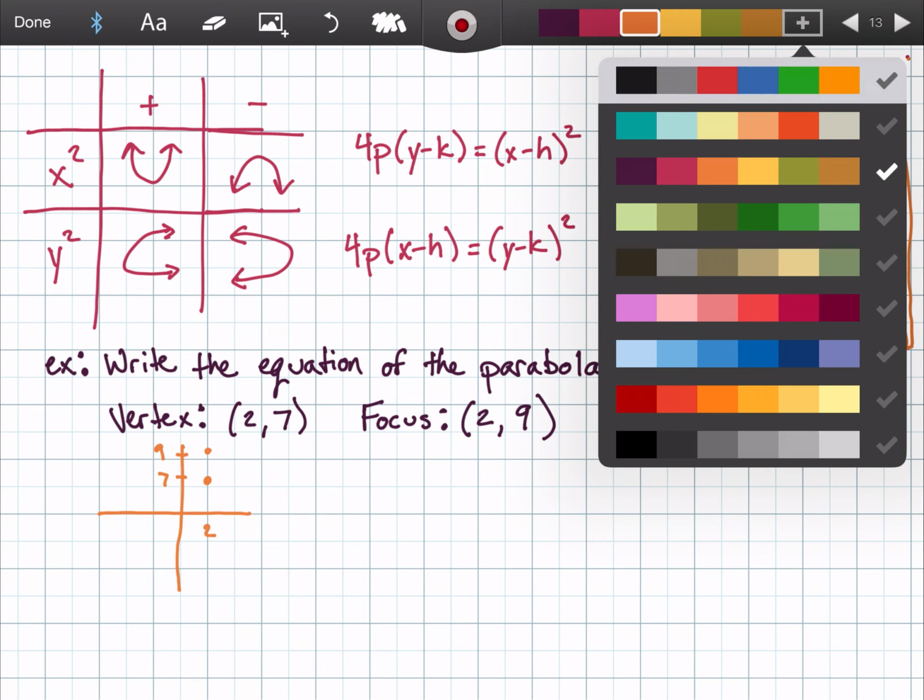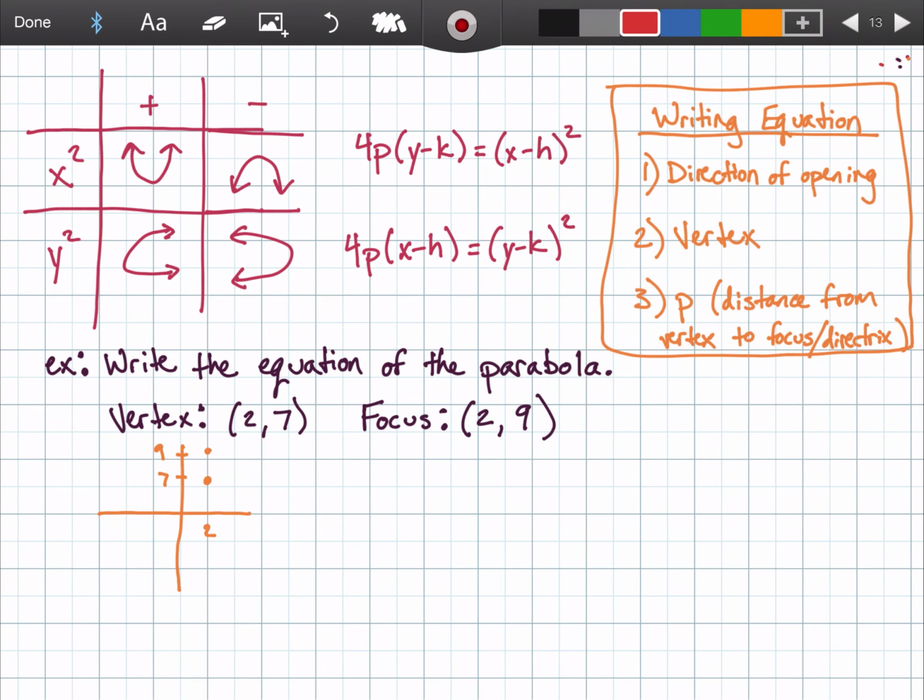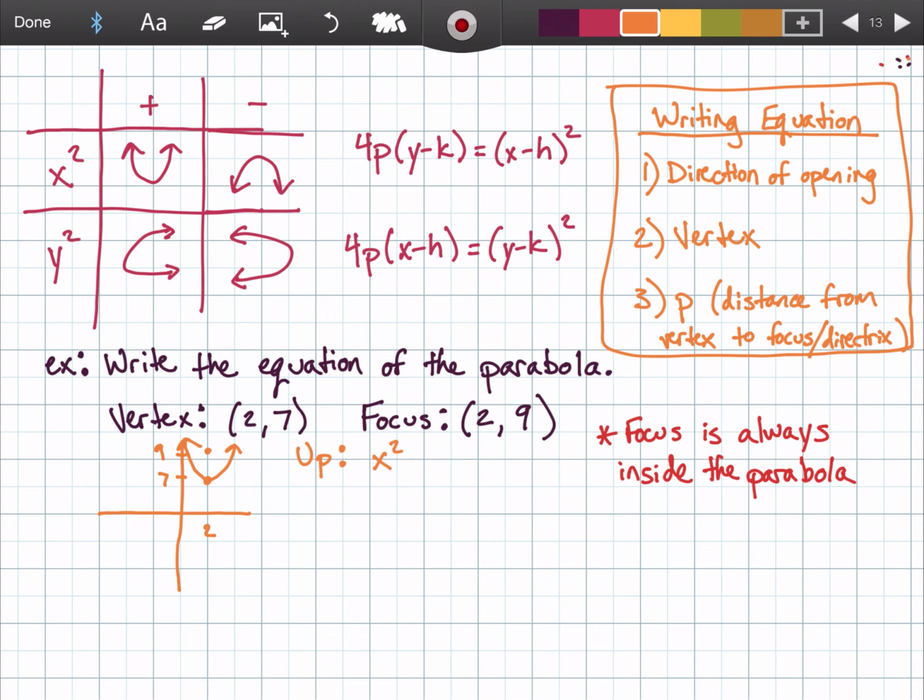And something that I'm hoping we're aware of at this point is that the focus is always inside the parabola. So because the focus is inside, I know that it's going to open this way. That means it's opening up, so we're going to have a positive x squared. That's the first thing.